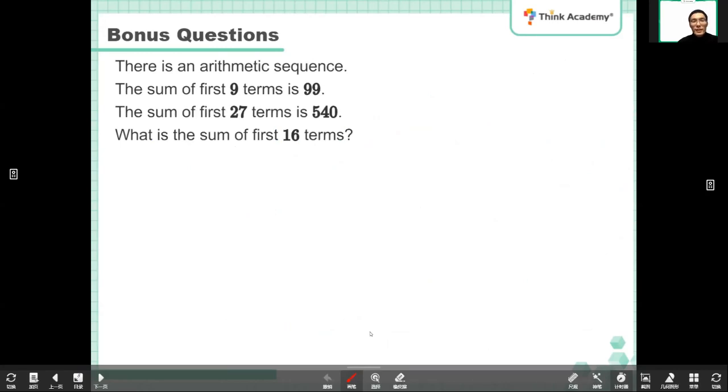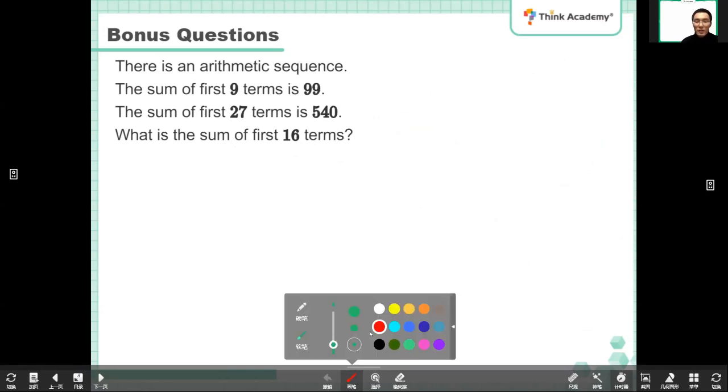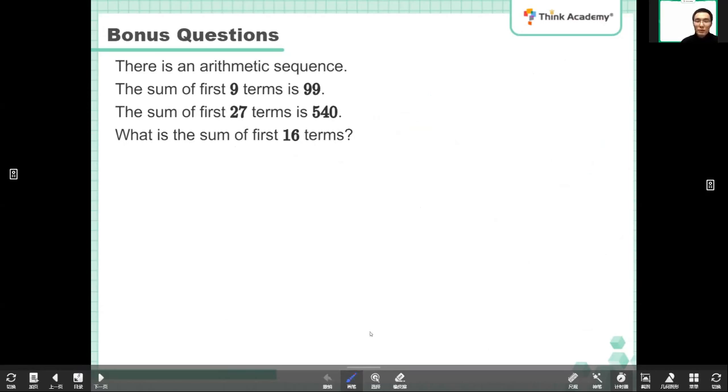to the next one. There is an arithmetic sequence. The sum of the first 9 terms is 99. The sum of the first 27 terms is 450. And then what is the sum of the first 16 terms? All right. So again, I think this is almost identical with the previous question.